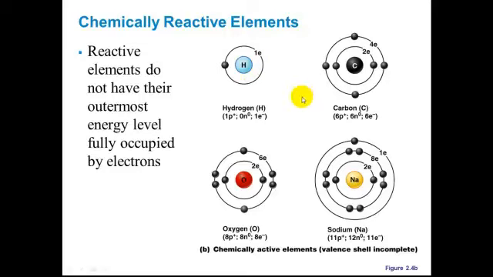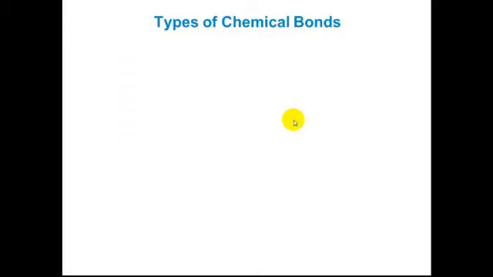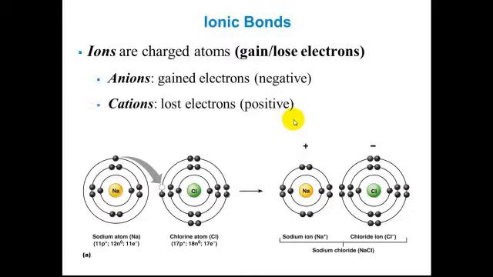Now the different types of bonds that we are going to see are going to be dictated by how these elements behave when they react. The main types of chemical bonds we will discuss are ionic bonds, covalent bonds, and then a third type called hydrogen bonds, which are actually bonds usually between molecules or between distant parts of molecules.